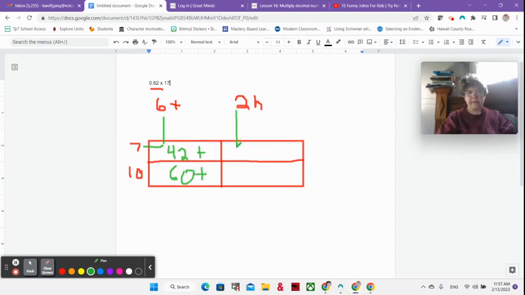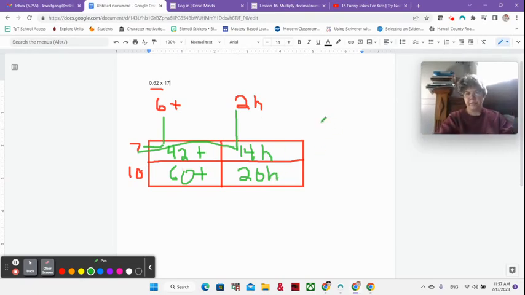And then 2 times 7, 14 hundredths, and 2 times 10, 20 hundredths. Okay, so that just makes our multiplication a little bit easier. But now we're going to add them together. And when we add them together, we're going to write them in their standard form. I mean, you have to change it to standard form at some point, right?